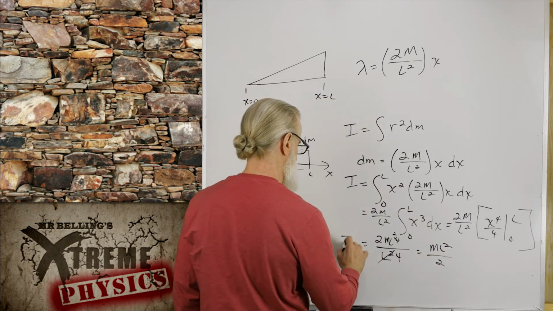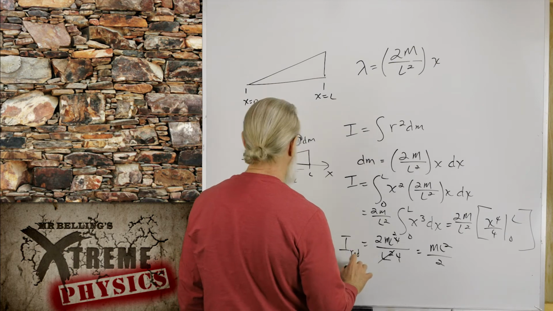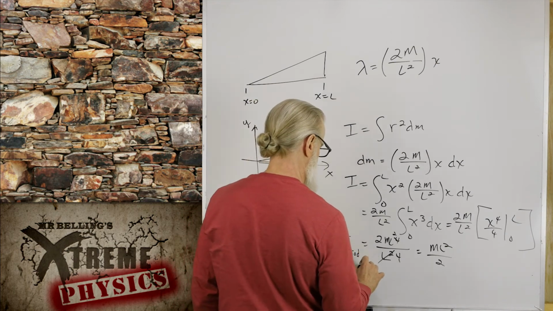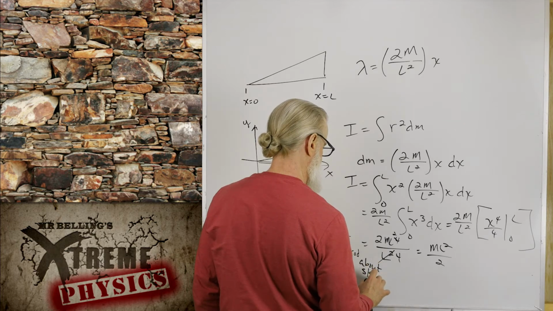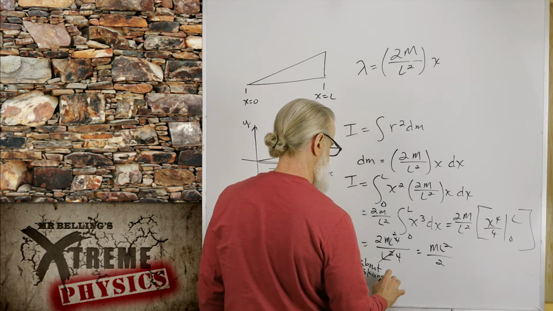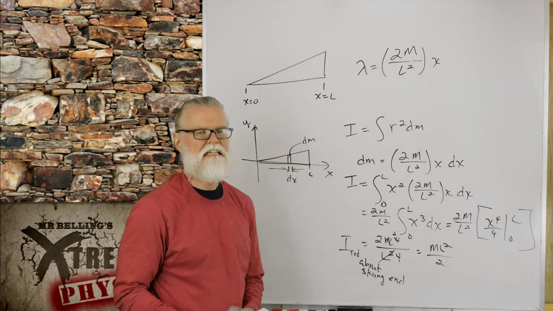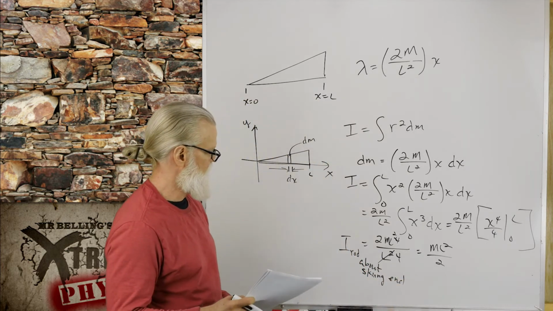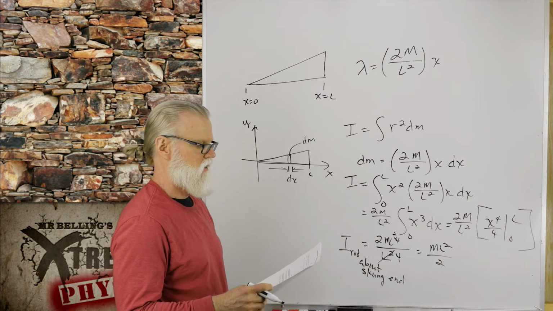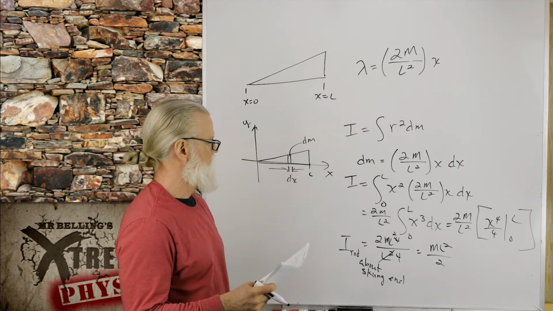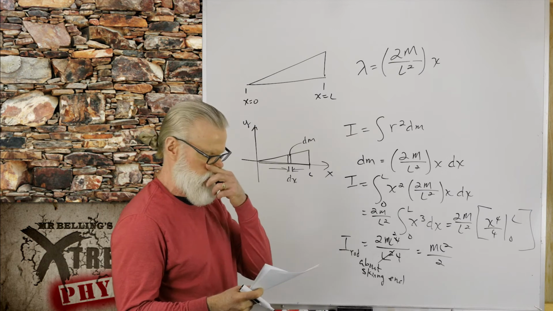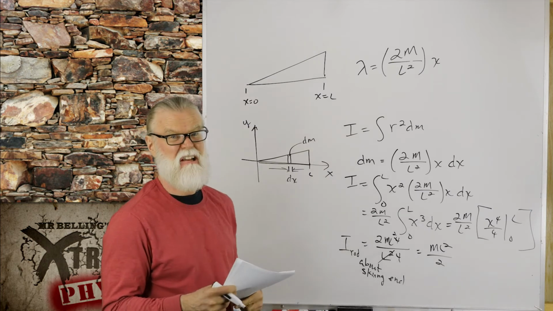And that is the moment of inertia of a rod about the skinny end. How do you spell skinny? Yeah, I think so. I don't know. All right. Oh, and that's what we wanted. Oh, good. Beauty. Nailed it.